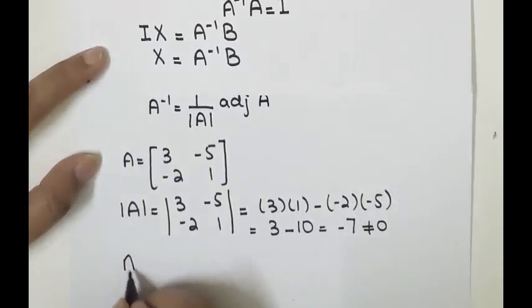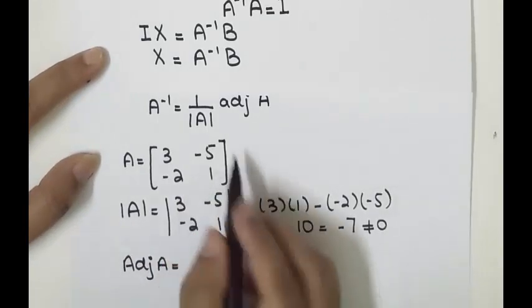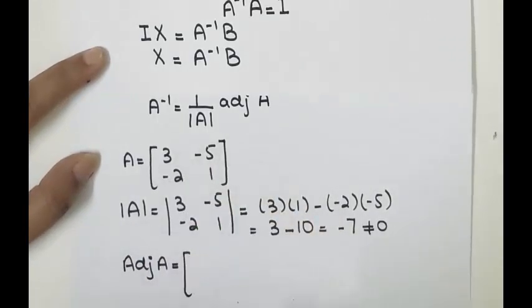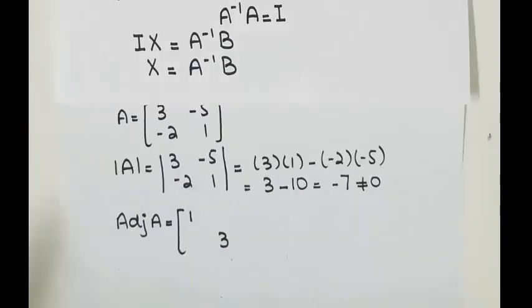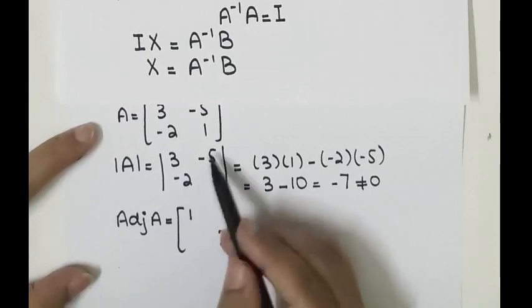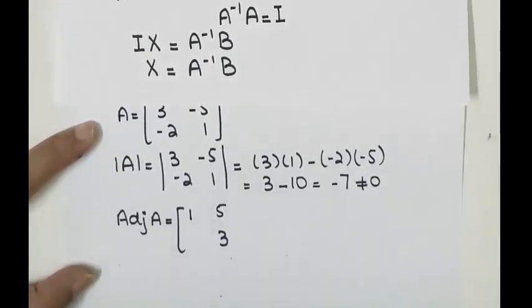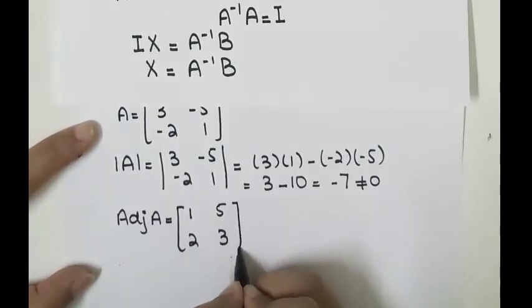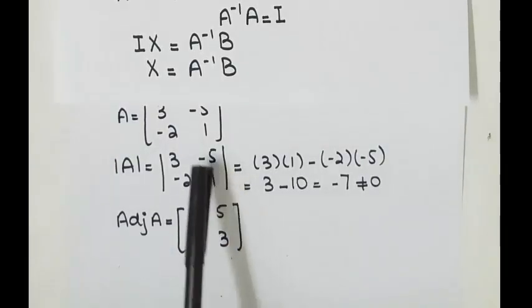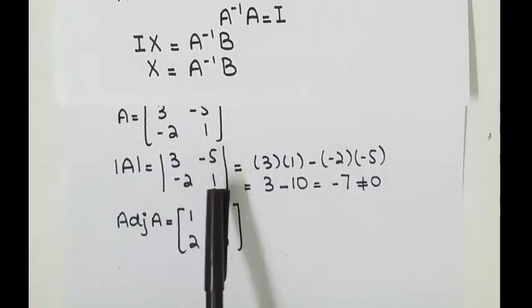Now we will find adjoint A. The adjoint of A is found by interchanging the position of these two entries and changing the sign of these two entries. Minus sign, now we will have plus sign, and minus 2, now we will have a positive 2, right? Basically these two entries are positive and we replace these positive entries by negative entries.